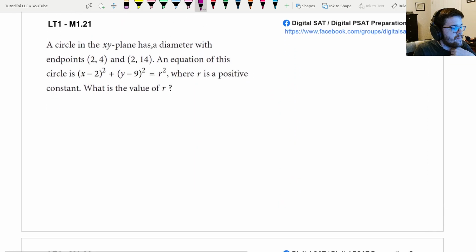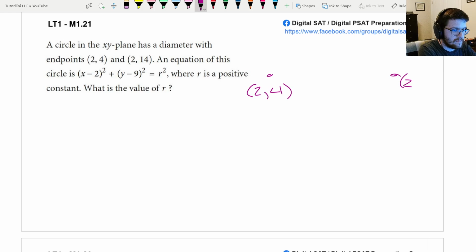Okay, diameter endpoints with 2, 14 and 2, 4. Okay, so those are both perfectly left and right. So to find if it's perfectly left and right or up or down, you just subtract.